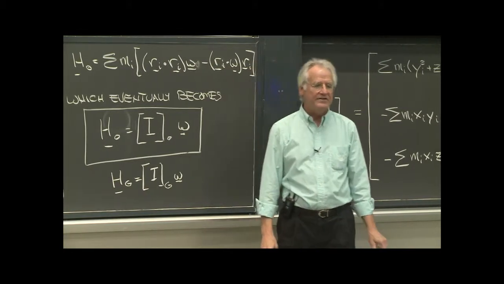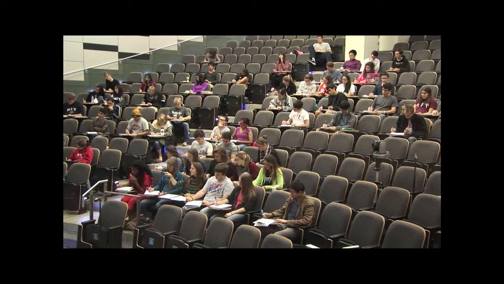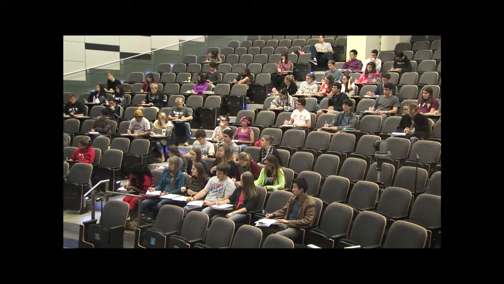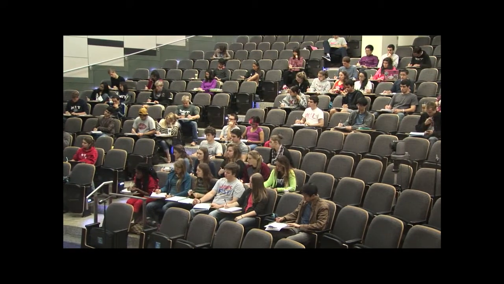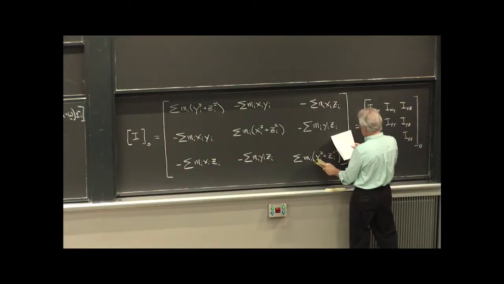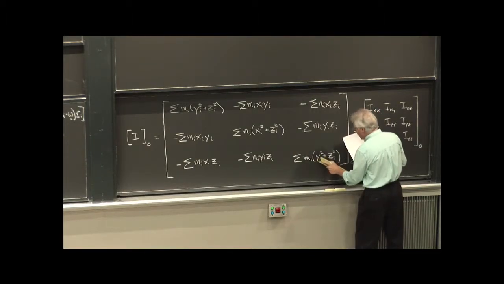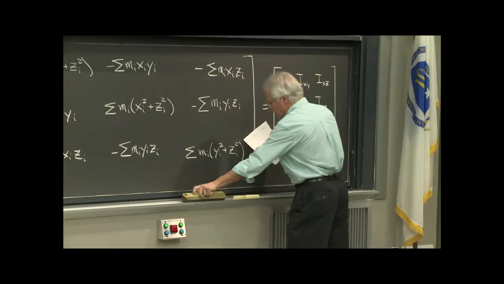Yeah, Elise. In the bottom right-hand corner of the matrix, the ZC term, should that be a y-squared? I'm sorry, which one are you talking about? Oh, yeah, thank you. Very good catch. This is wrong, is it not? Yes, thank you very much. Let's just fix that right now.